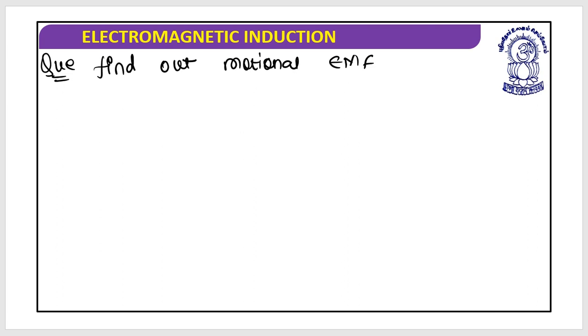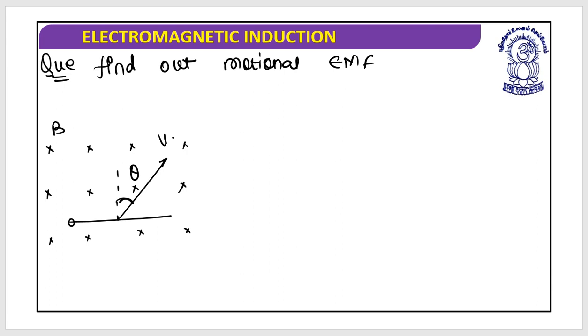Now in this case the situation is something like this. Let's say a magnetic field is there, and within this magnetic field a conductor is kept. This is the reference line, and this conductor is moving in this direction. This is theta. Let's understand that this is the P end and this is the Q end, and L is the length of the conductor.